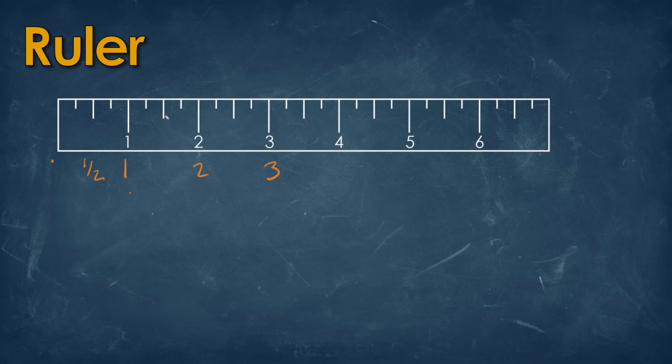There's also a half right here, and we would say that this is 1 and 1/2. We have a half mark right here. Since it follows from the 2, we would say this is 2 and 1/2. This would be 3 and 1/2, this would be 4 and 1/2, this would be 5 and 1/2, and so on.